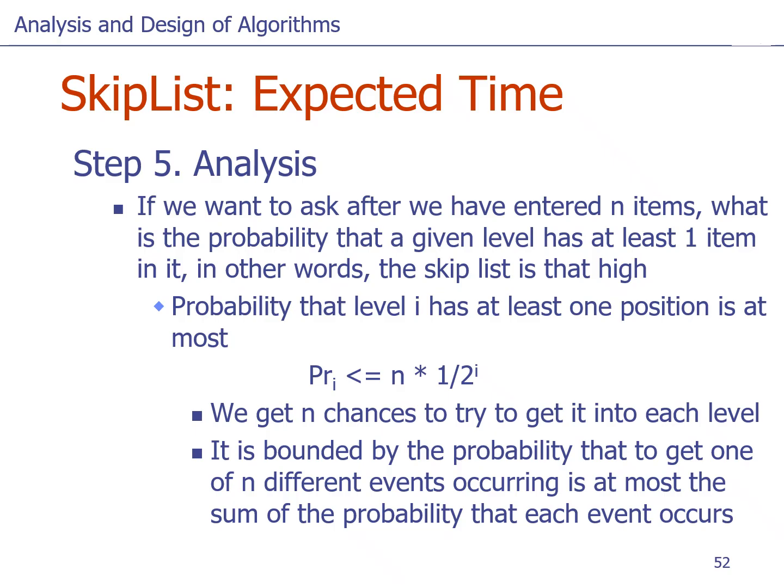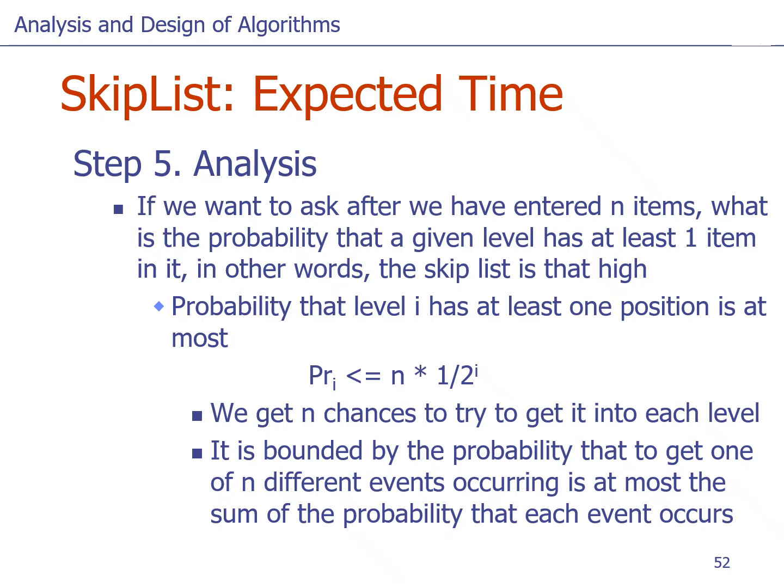Okay? Why? Because we have n items. Each one of the n items could travel upward by a series of heads to reach some level I. So if we ask for level, say, 6, what's the probability that one item out of the n will reach level 6?